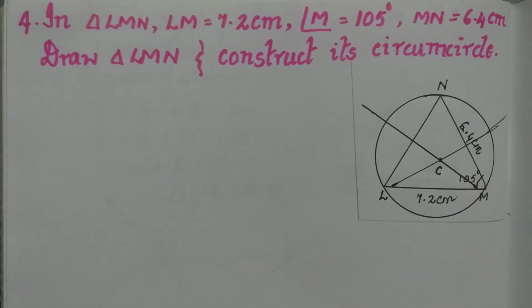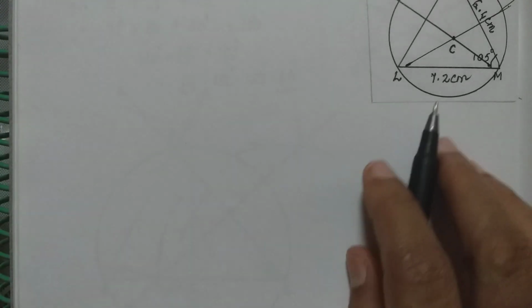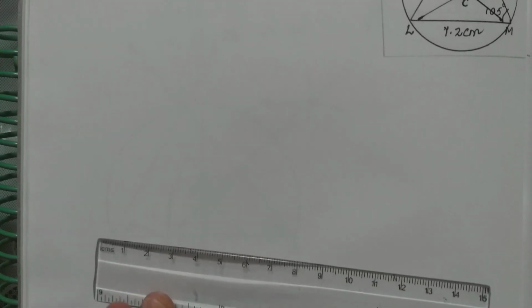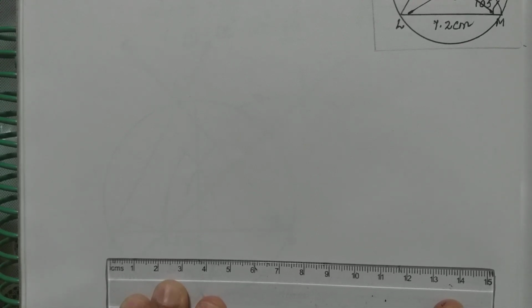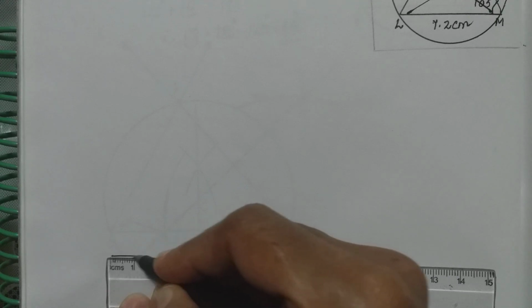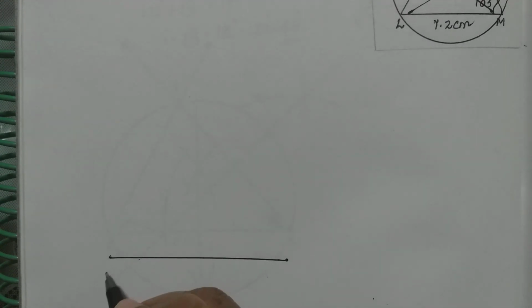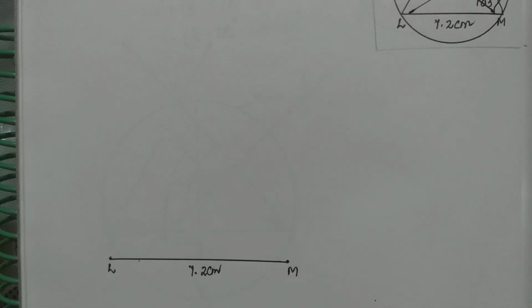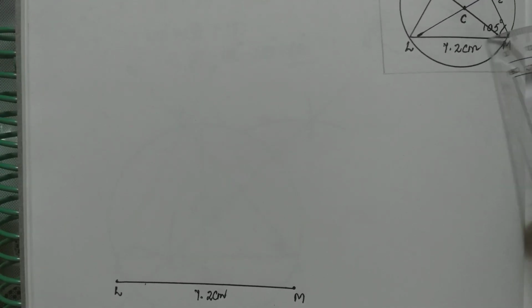Now we start with the fair figure. When we are drawing the fair figure, we first start the base LM as 7.2 centimeter. So I keep my scale here. Measure 7.2 centimeter and draw a line segment. Mark it as LM. Write the measurement 7.2 centimeter. Then I have to take a measurement on the protractor. Here angle M is 105 degrees.